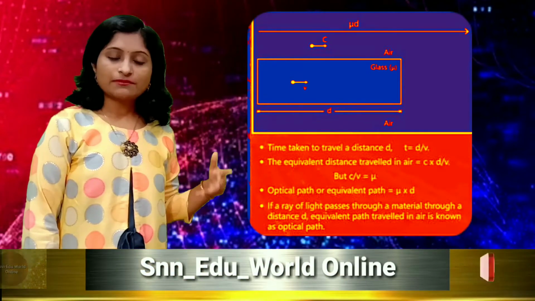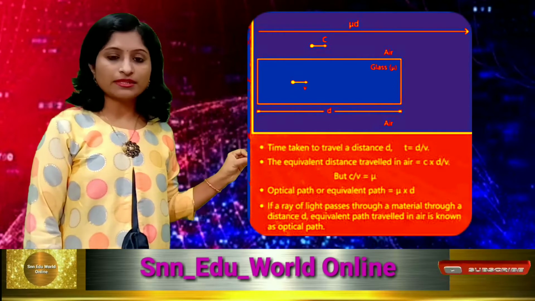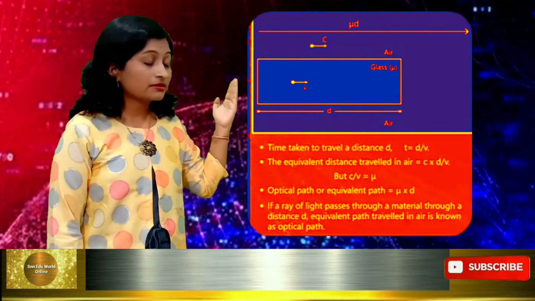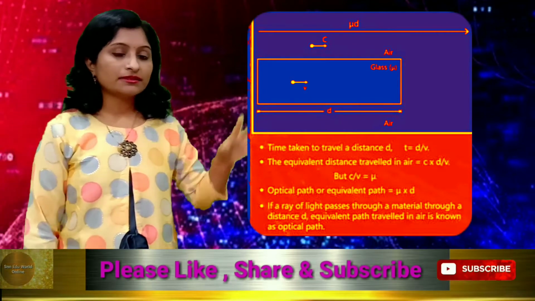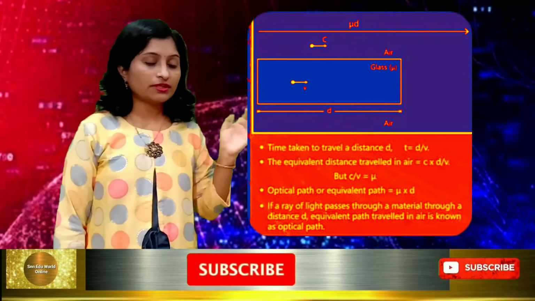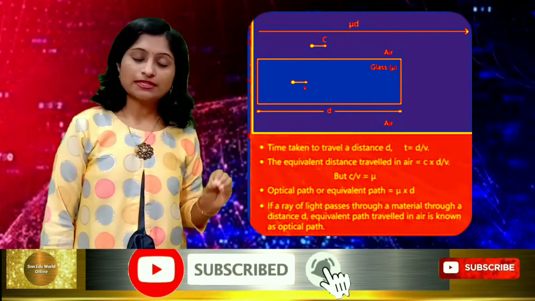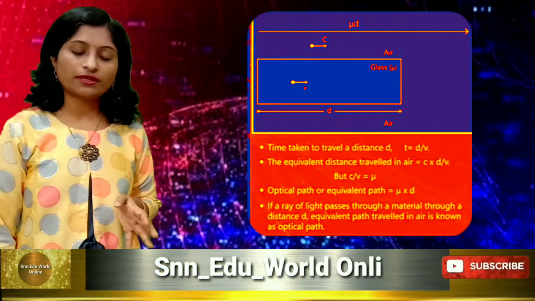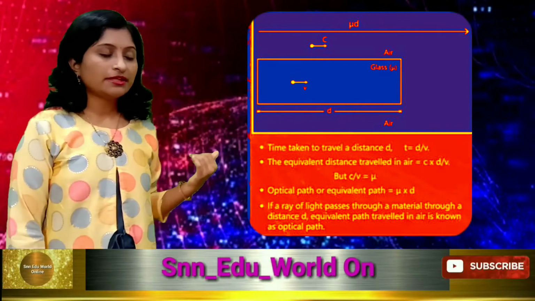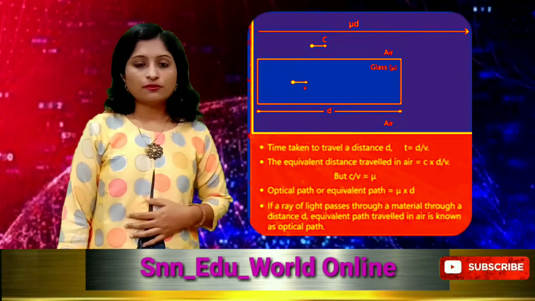Similarly, in the same time period, the same type of wave can move in the air by the distance as shown here with a velocity c, because in air or in vacuum the velocity of a ray of light is c, and in the medium we have represented it with v.